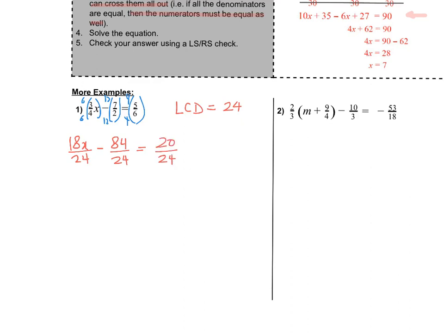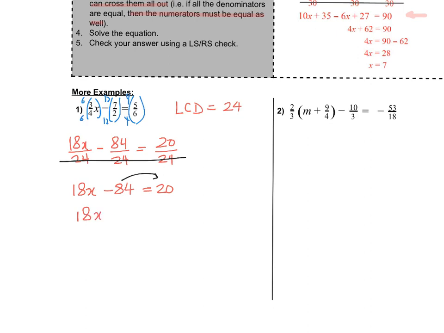Now since all the denominators are the same on both sides of the equation, you can just simply cross them out. So now your equation is very simple, and we have 18x minus 84 equals 20. Now we combine like terms. Remember, when you combine like terms across the equal sign, they change signs. So I'm going to bring negative 84 to the other side. It's going to turn into positive 84.